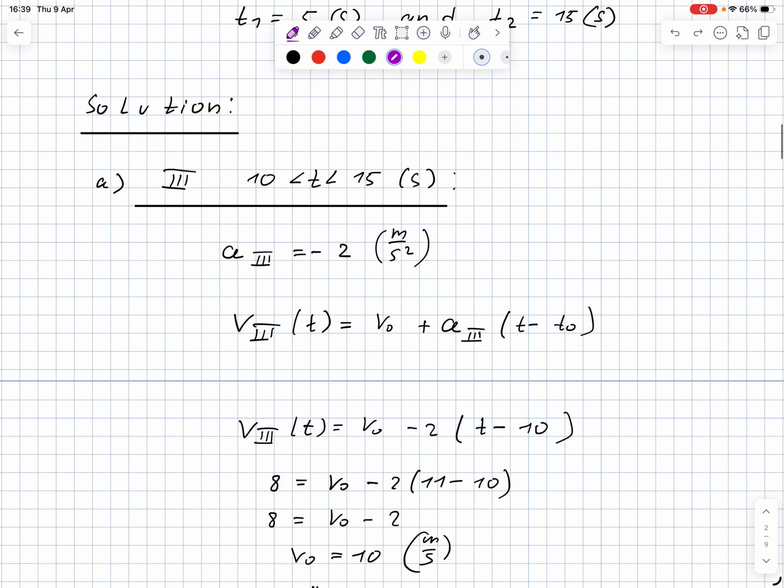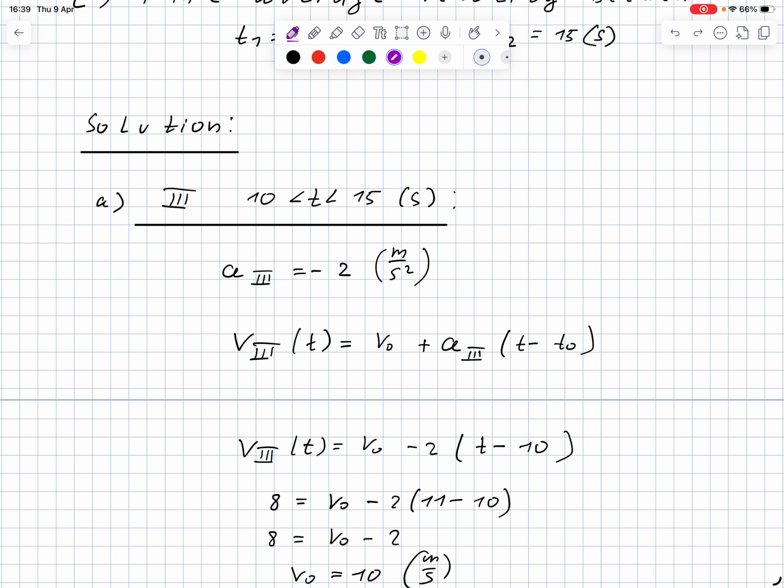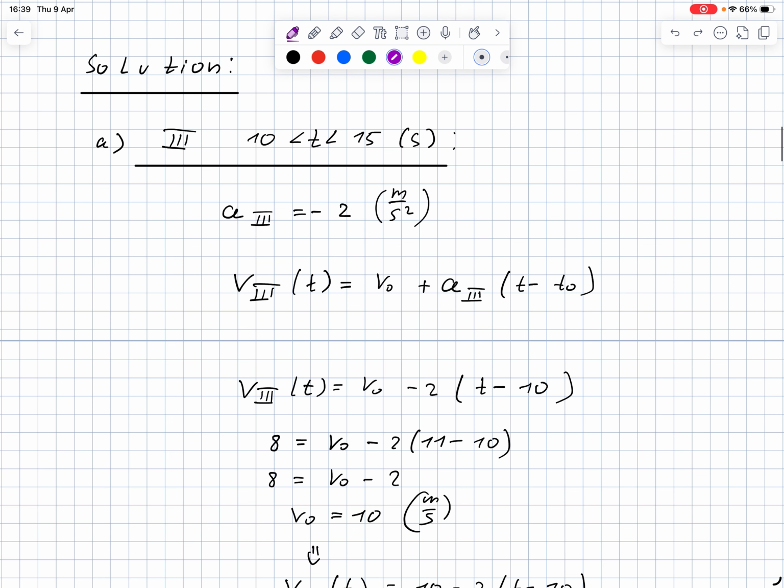But at this point we do not know the velocity, though we do know the acceleration, which is minus 2. So the expression for the velocity in the third interval of time is given by this expression. Again, I do not know the initial velocity when time equals 10 seconds.